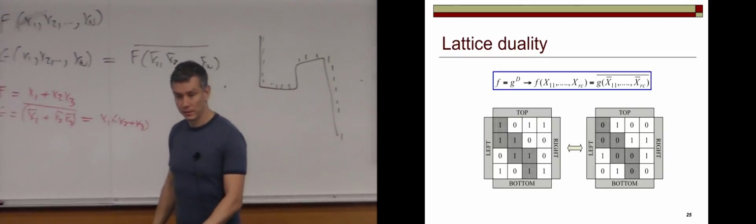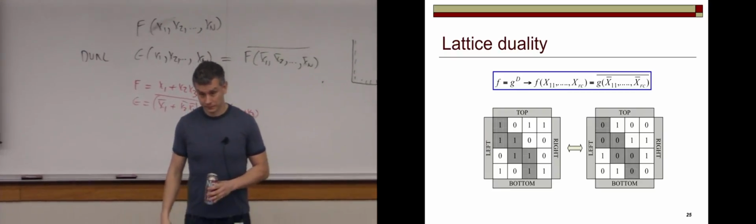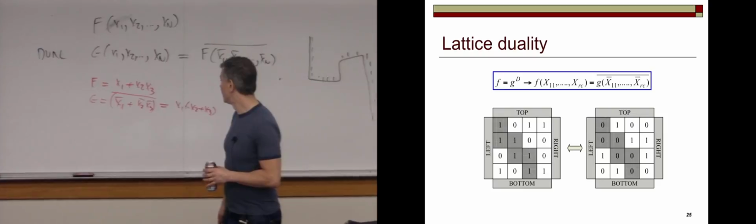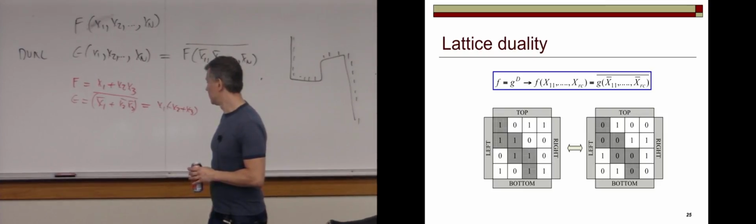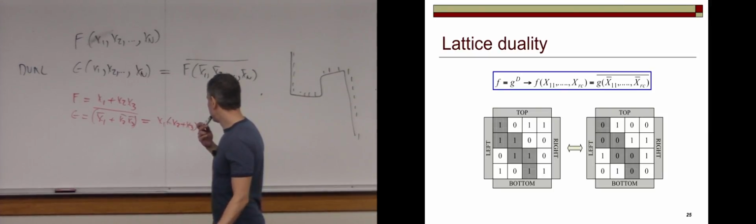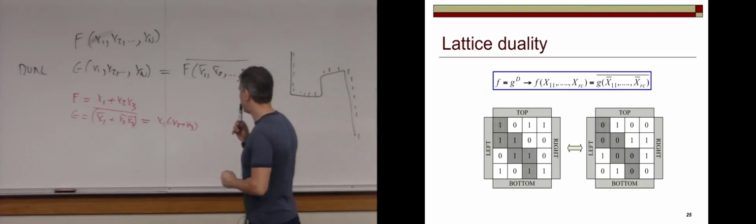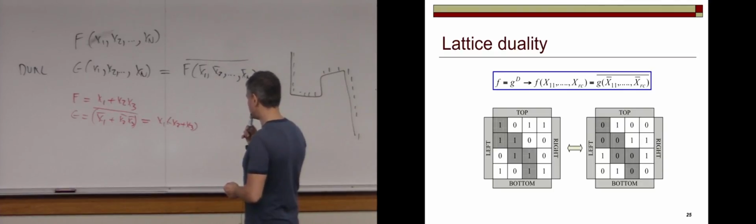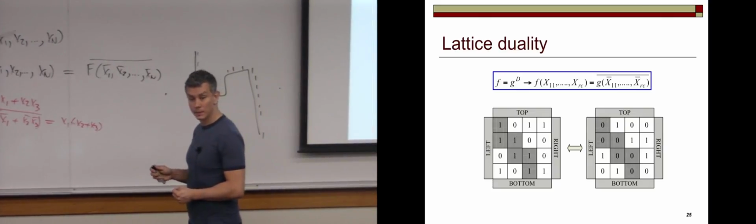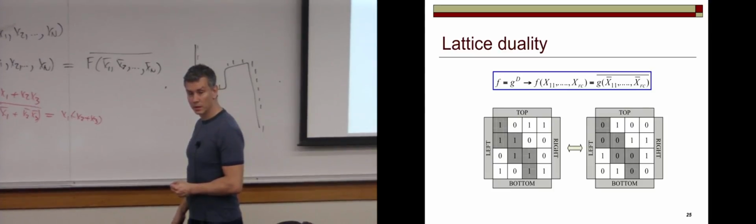Yes, John. From my understanding, we're relying on the assumption that the dual is true when the function's false. Correct. And likewise. But x1 plus x2, x3, and x1 and x2 or x3 are not exactly opposite. Did I mess this up? I think in this case, whenever f is true, the dual will either be false or true, so it doesn't matter.